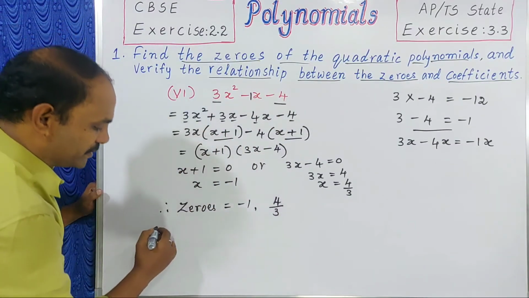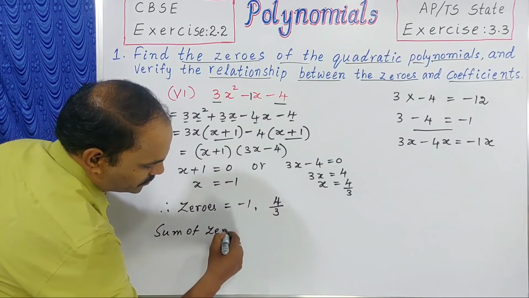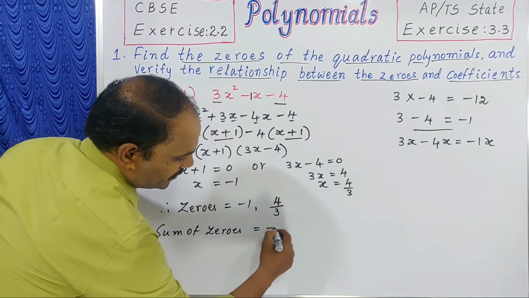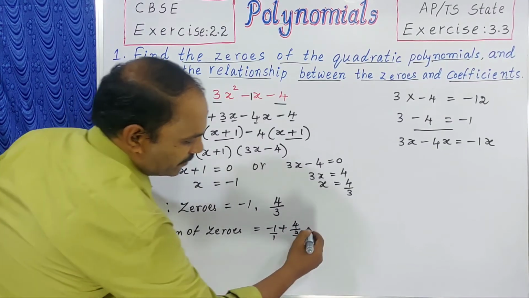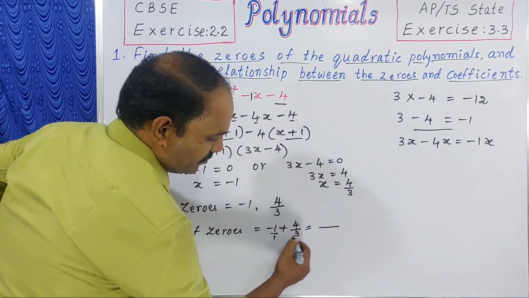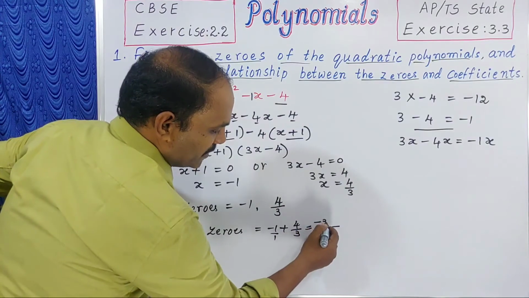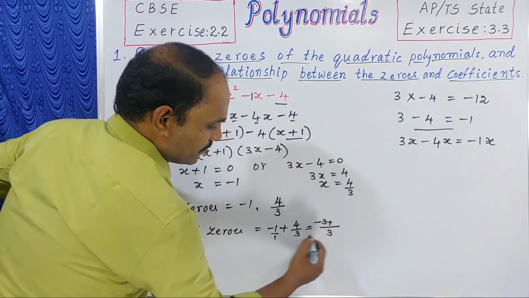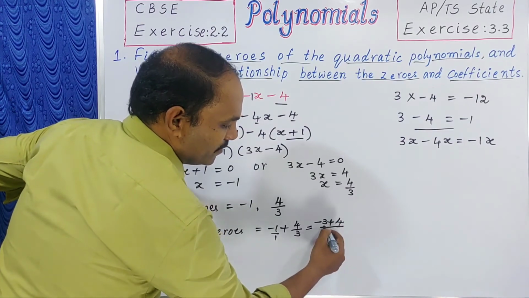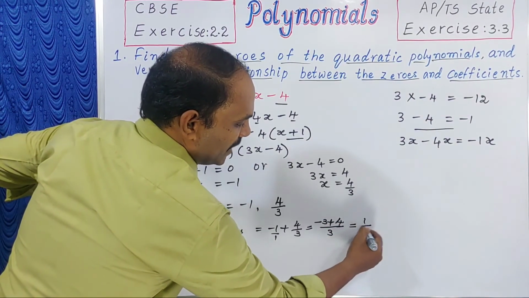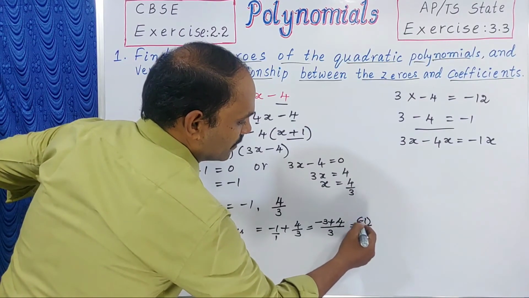Let us check the relation. Sum of zeros: minus 1 plus 4 by 3. We can write here by 1. What is the LCM? 1 into 3. Here cross multiplication: minus 1 into 3 is minus 3, plus 1 into 4 is 4. Minus 3 plus 4 means 1 by 3. 1 can be written as minus of minus 1.